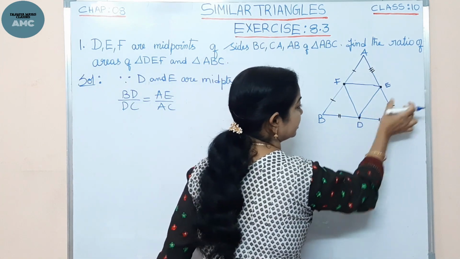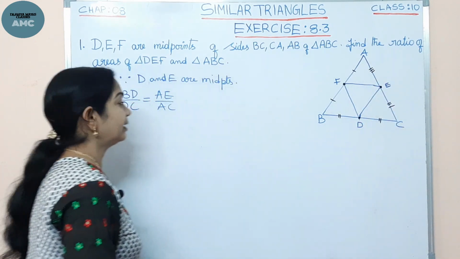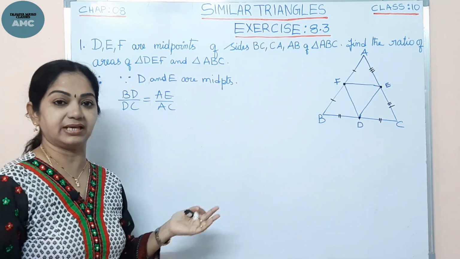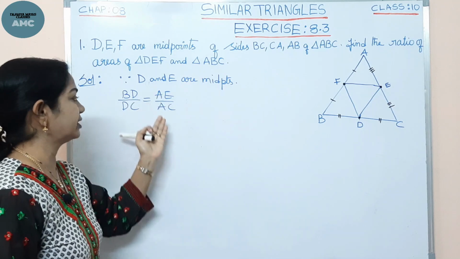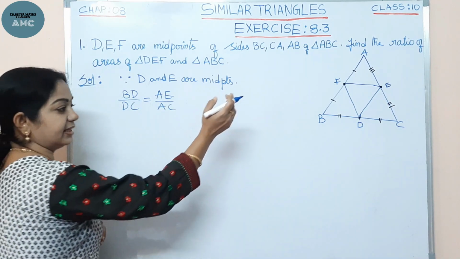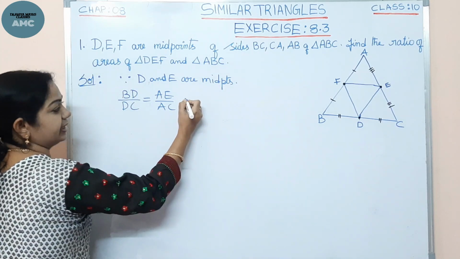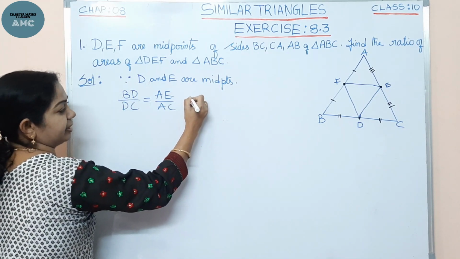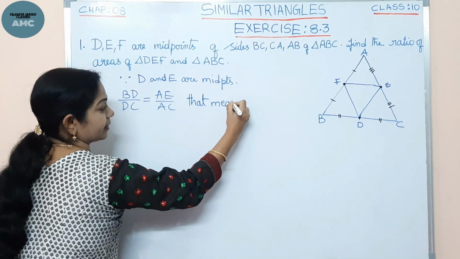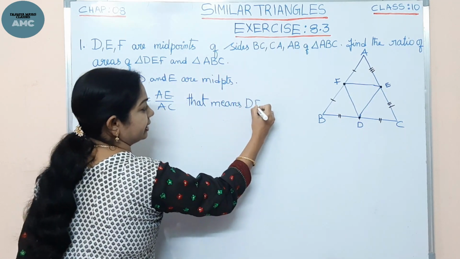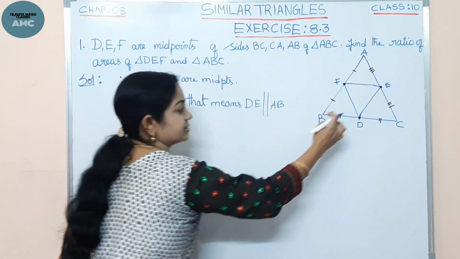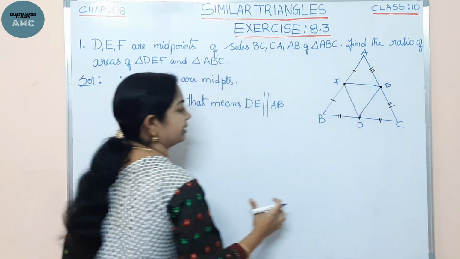But what does the converse of the basic proportionality theorem tell us? If the ratios of any two corresponding sides are equal, then the line joining D and E is parallel to AB. This DE is parallel to AB.